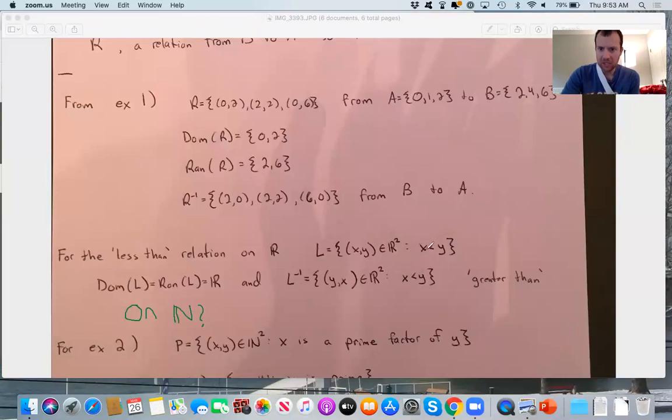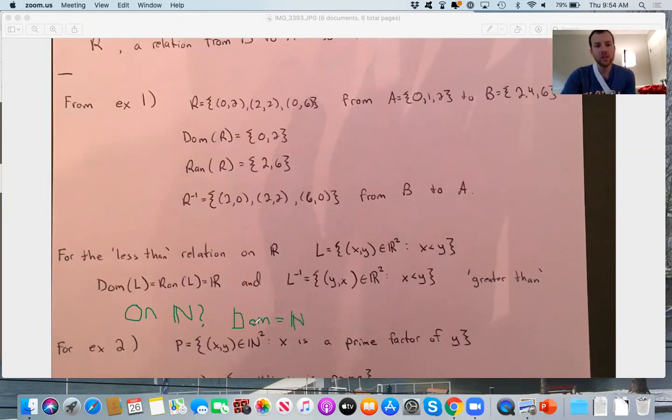So still using X is less than Y. In this case, the domain is everything.